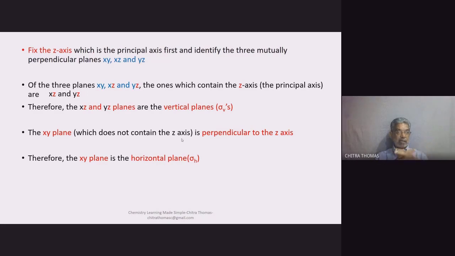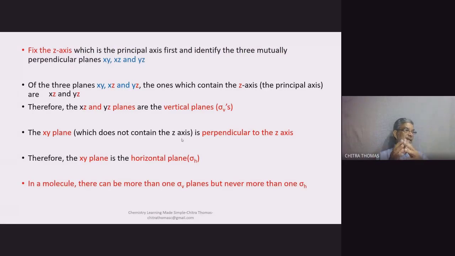In a molecule, there can be more than one vertical plane, but never more than one horizontal plane.